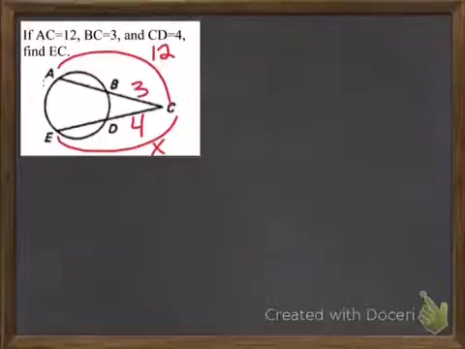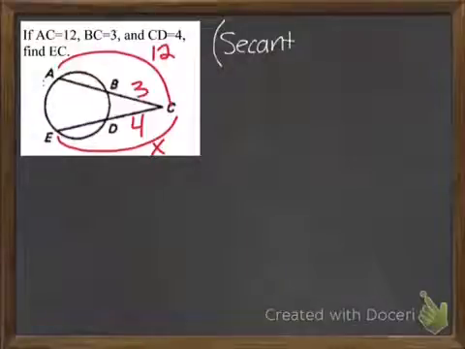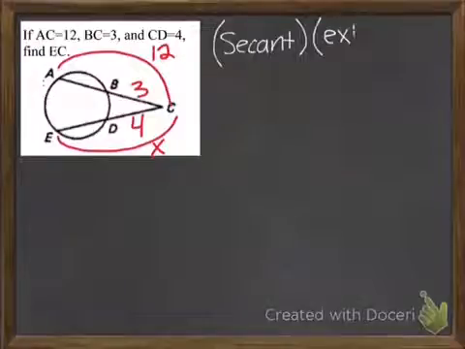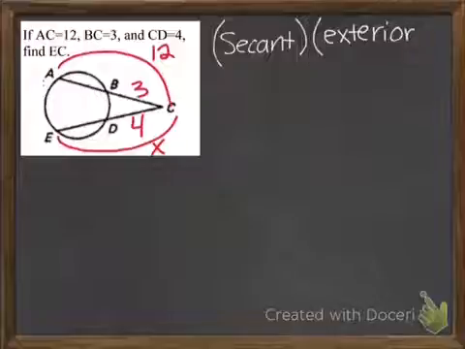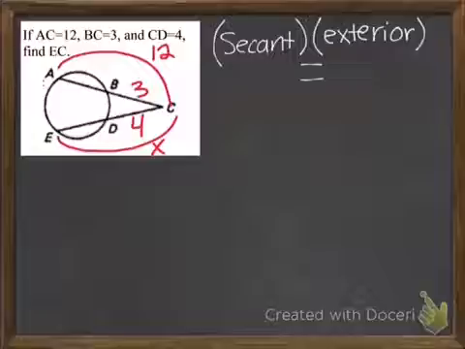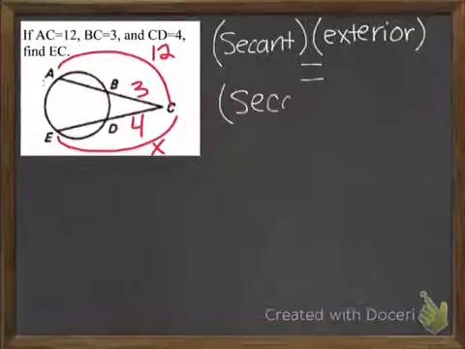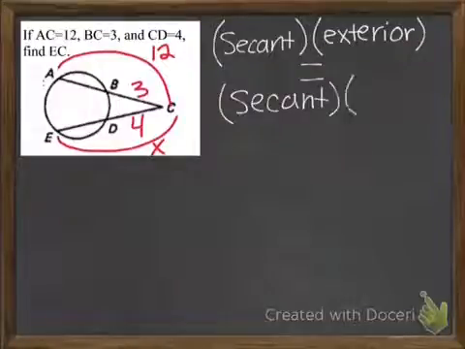In this case, we're going to use our theorem, which states that we do a secant times its exterior, and it should equal the secant times the exterior.